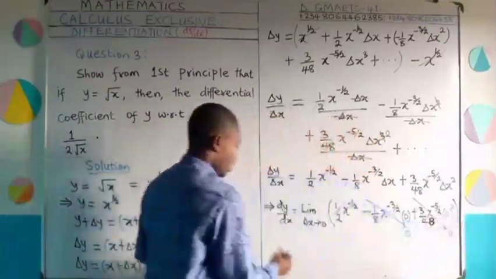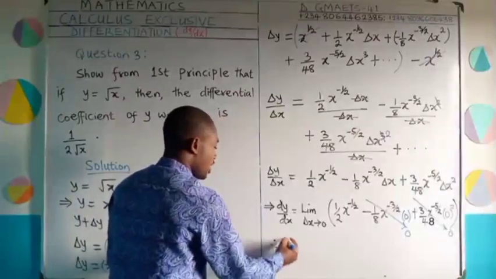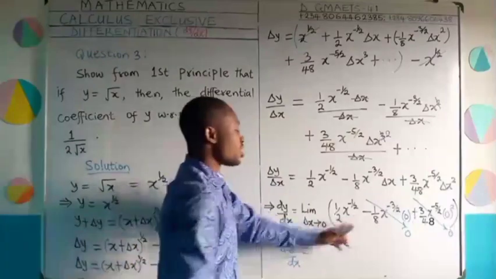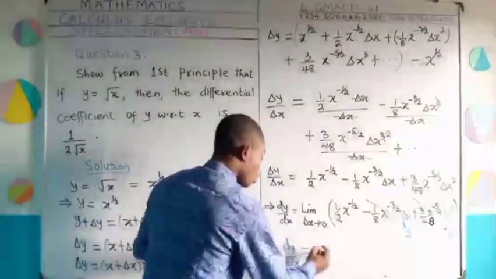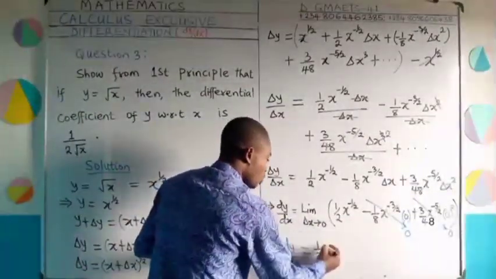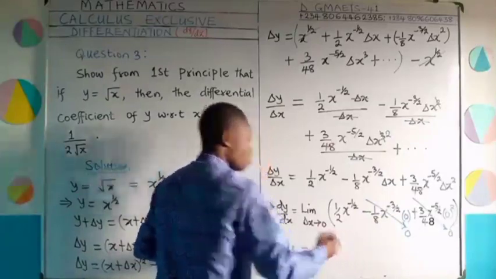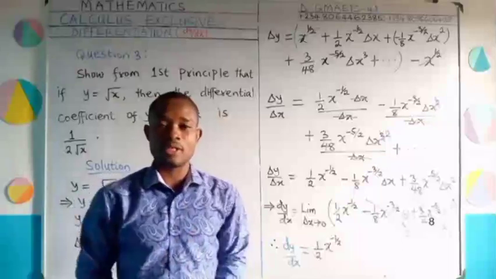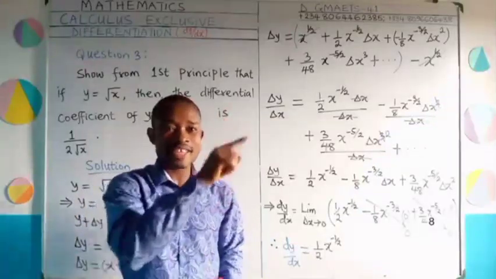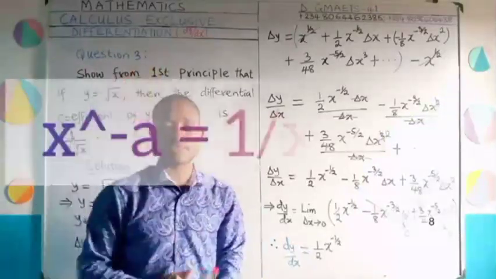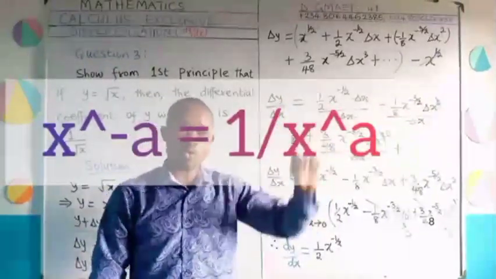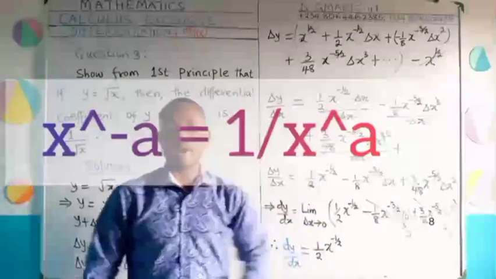Is that okay? In conclusion, therefore, dy dx is equal to, what is left here? 1 over 2 x raised to the power minus 1 over 2. And from indices, negative index, if I have x raised to the power minus a, it will be equal to 1 over x raised to the power a.